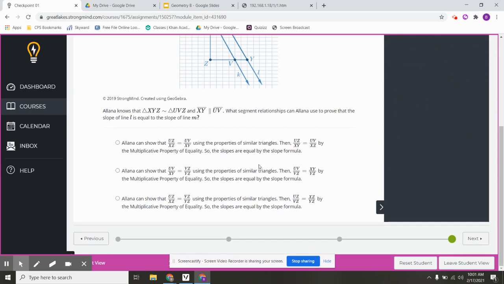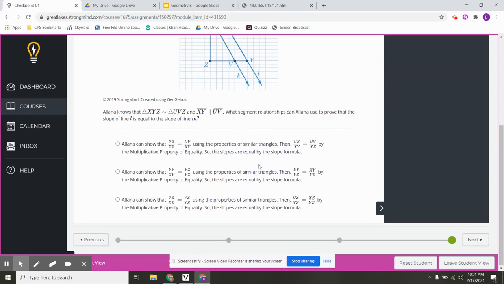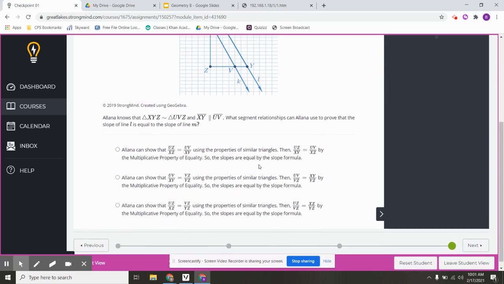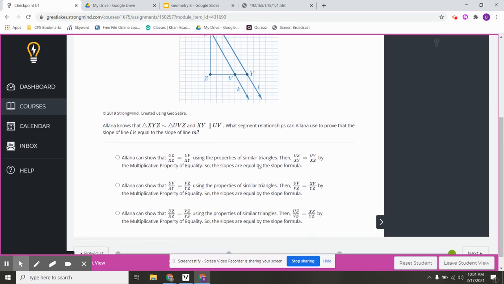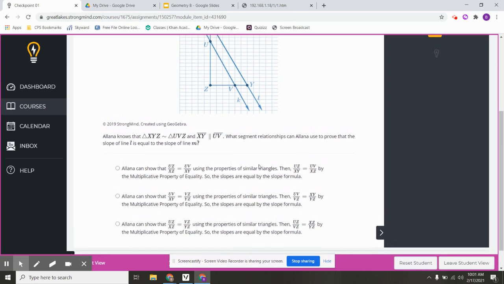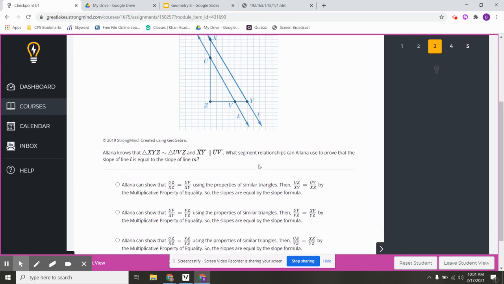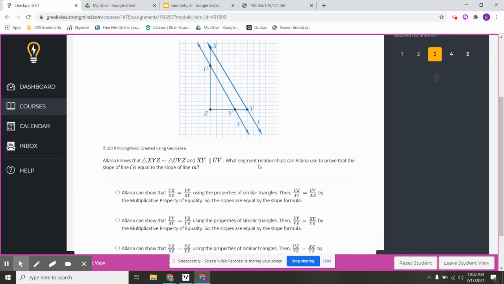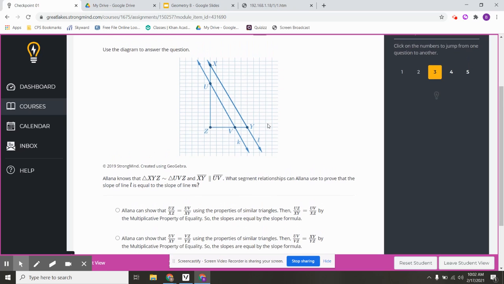Then this one is the big long slope stuff, and we want to talk about the slopes. So we're going to talk about the slope ratios between line L and line M. So K or M? Look, they put line M and there's no M in there, so I think they meant K. All right, so let's just check.